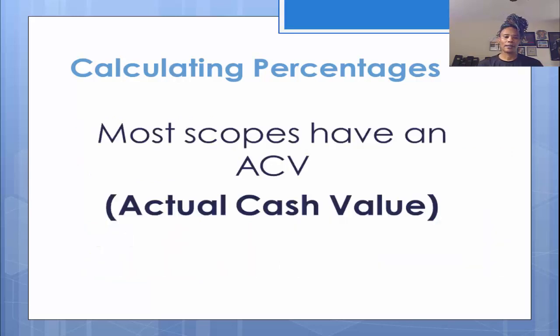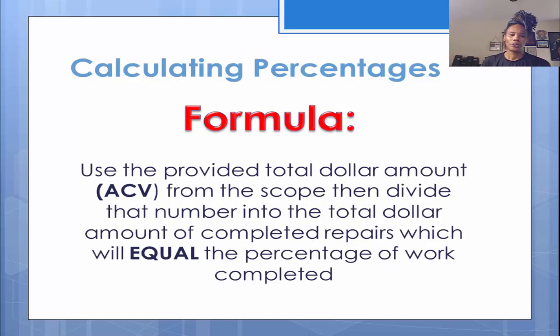So here's the thing. Most scopes, the list of repairs, have what's called an ACV, which is actual cash value. We're going to be using that actual cash value number.